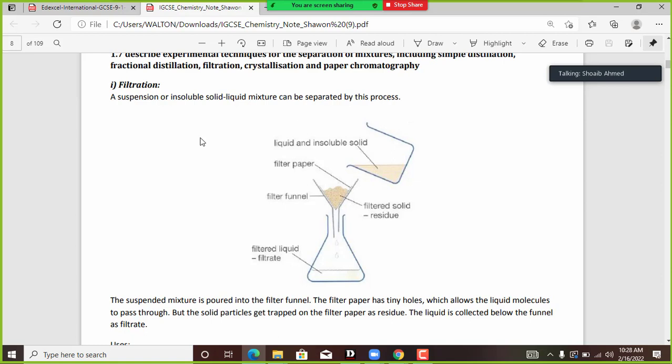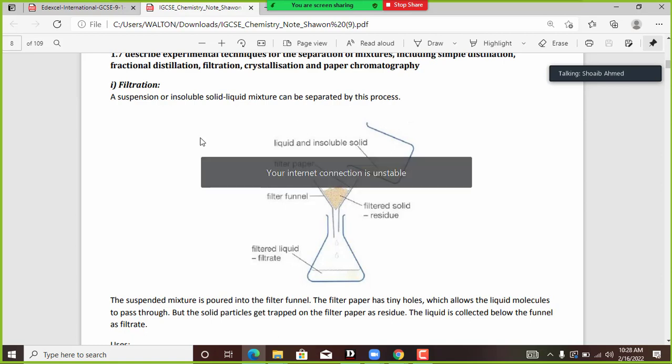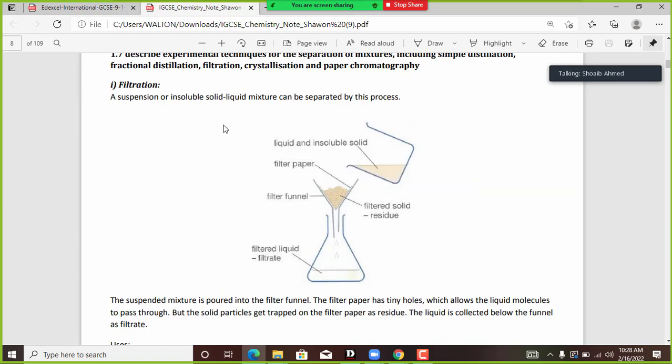If you take sand and water and stir, you find an unclear solution; this is insoluble. So an insoluble solid and liquid can be separated by the filtration process. This is also called a suspension.